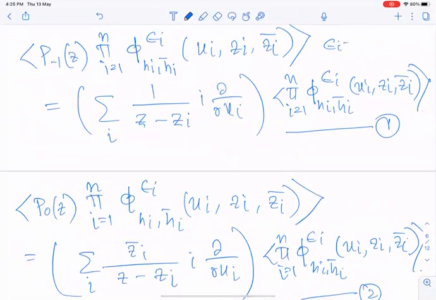Epsilon i equal to +1 means it's an outgoing field. Epsilon i equal to -1 means it's an incoming field. And I don't really need an interpolating field, because these Ward identities are all I need actually.